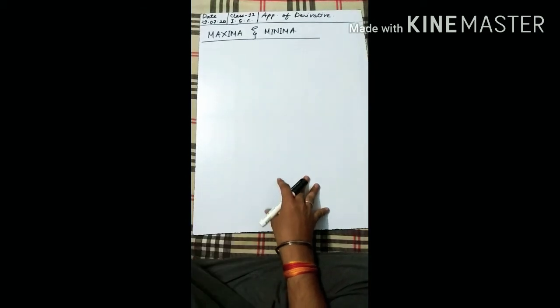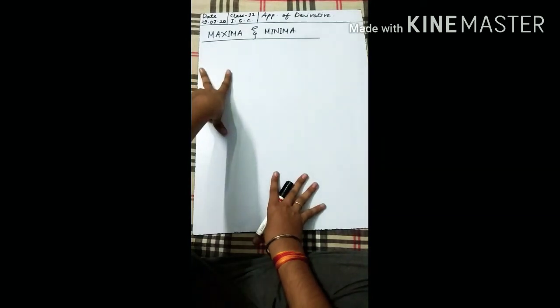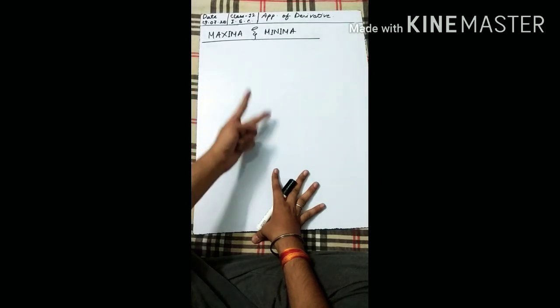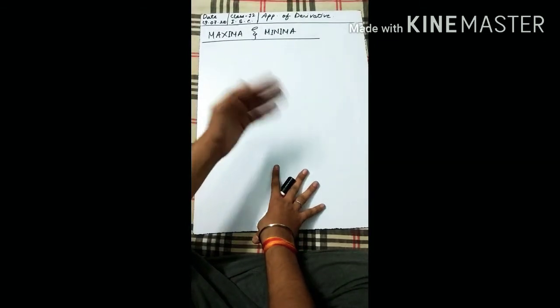Okay, so first of all, how we can understand, as the name depicts, maxima means there is some maximum case, and minima means there is some minimum case.